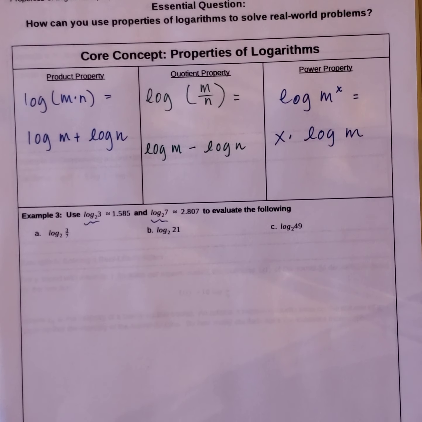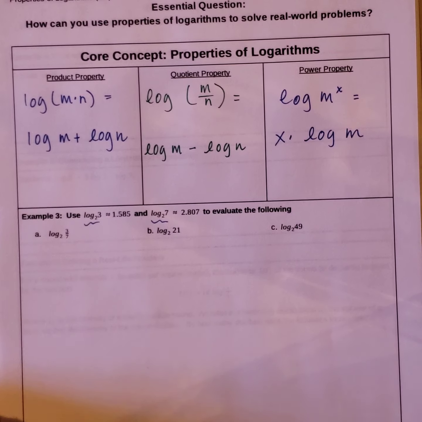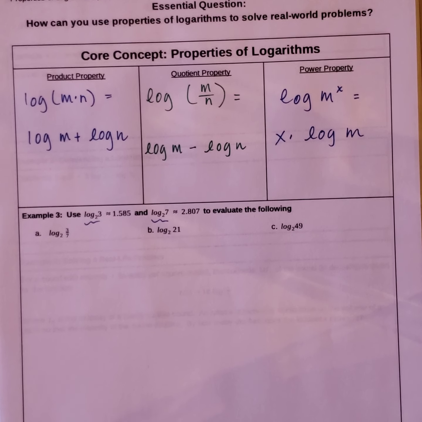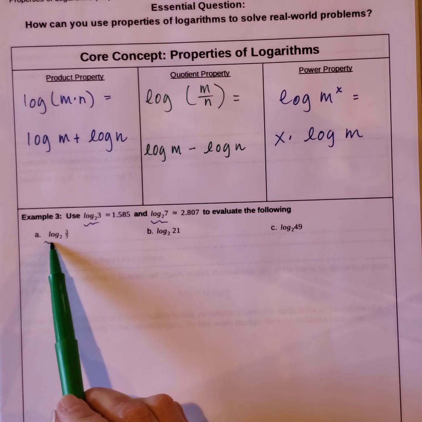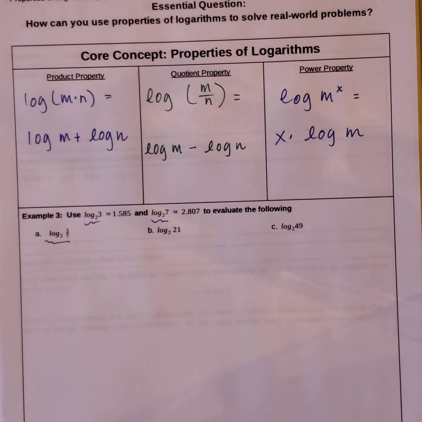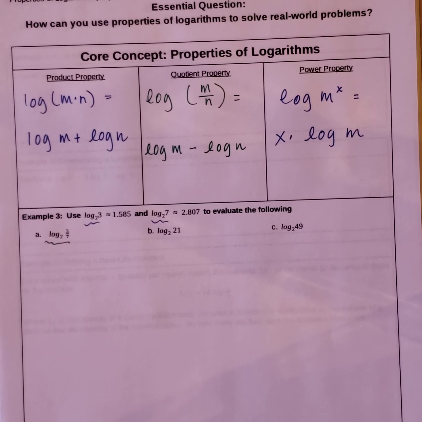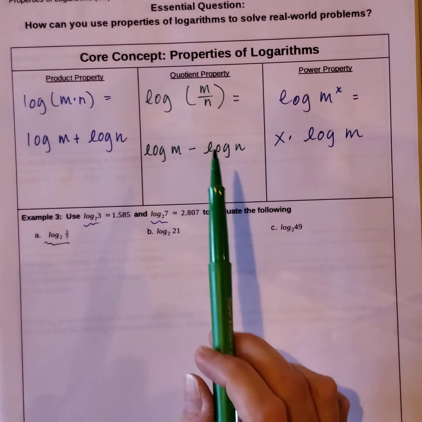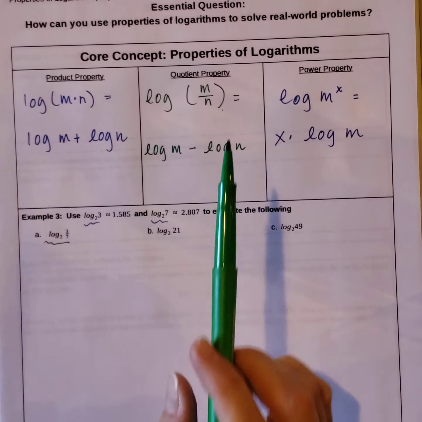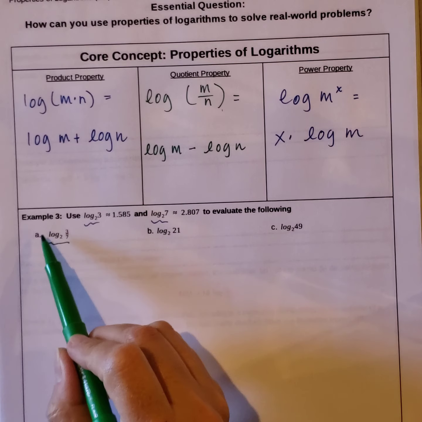So example A, we have log base 2 of 3 divided by 7. When I look at this, I'm going to look at my properties and decide which property it best looks like. I see division, so I'm going to look at the quotient property, and rewrite this problem.